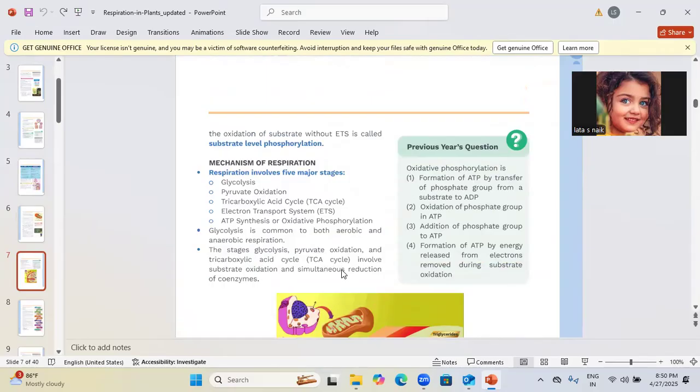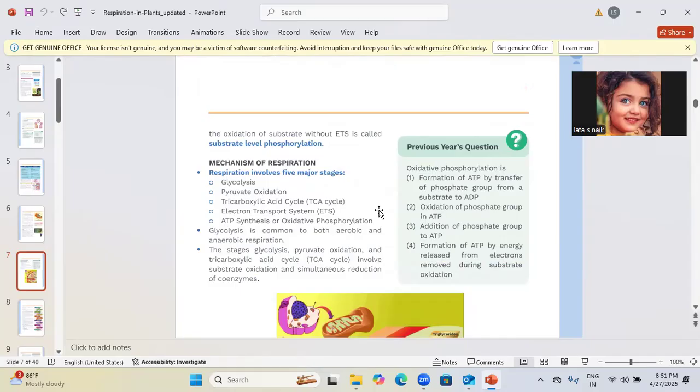So we'll stop here and we'll take up the mechanism of respiration in the next class. Kindly understand the mitochondrial structure so that the process or mechanism of respiration, glycolysis, pyruvate oxidation, TCA cycle, how the electron transport, everything happens in respiration, you'll come to know only when you know the structure of mitochondria.